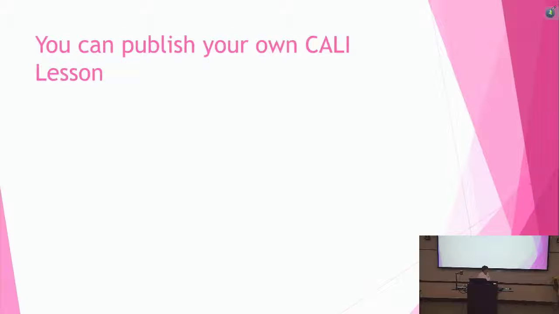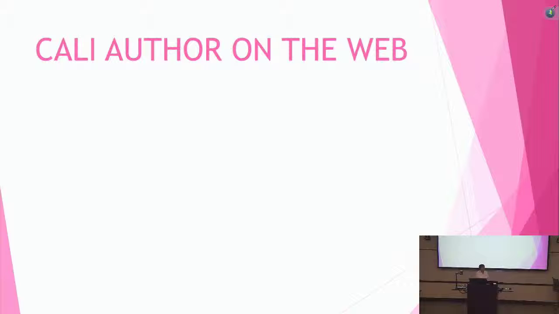And if you've gotten so excited about editing a Cali lesson, you can actually design your own just for your students. You could completely write your own lesson and publish it up on the Cali website. Again, it has a unique URL, so the rest of the world won't find it. And you can see the names of all the students that are running it.